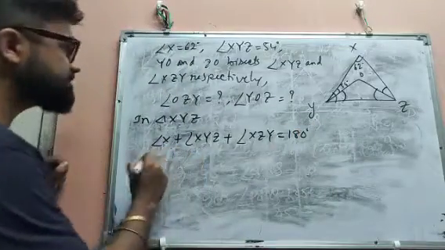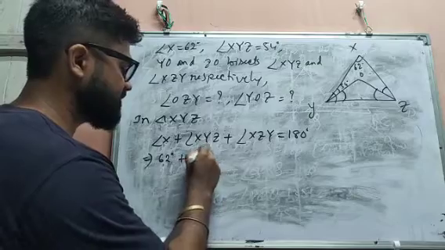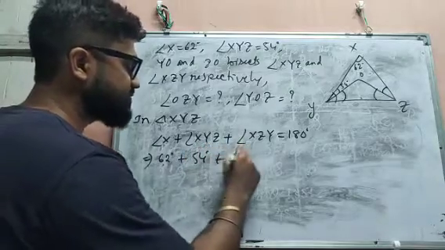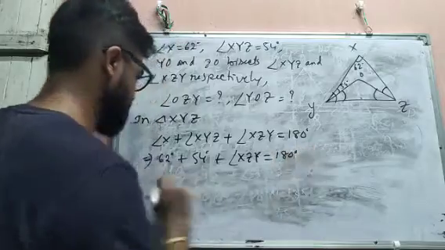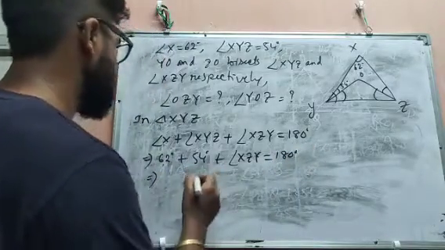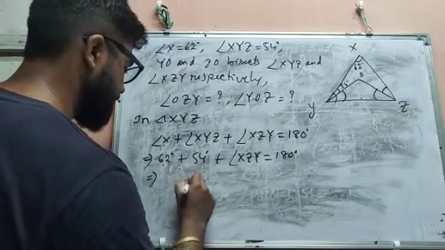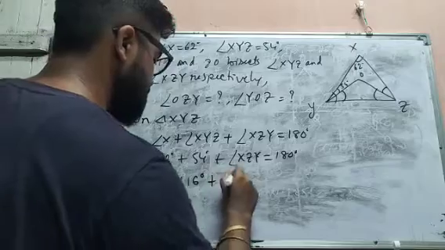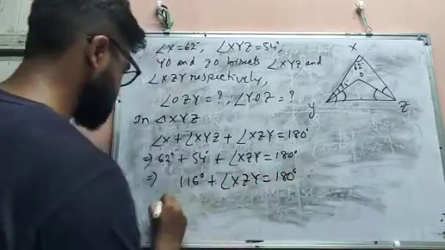Okay, so X value is given 62 degree, XYZ value is given 54 degree, and XZY we are asked to find. So you will get 180 degree. So 62 plus 54, 5 plus 4, 5 plus 2, 6, 6 plus 5, 11. 116 degree plus angle XZY equal to 180 degree.